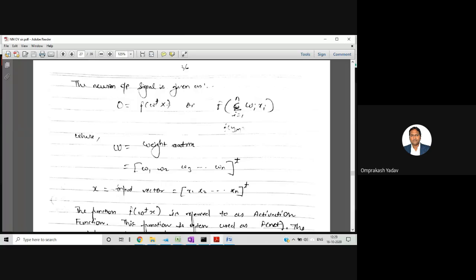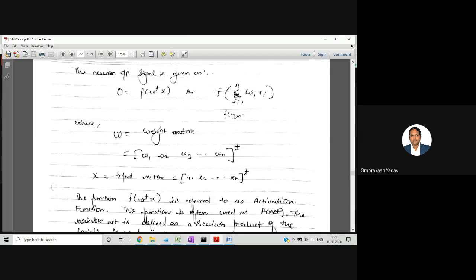The neuron output signal is given as output equals f of W transpose X, or f of the sum over i from 1 to n of the multiplication of the weights and inputs, so W1 X1 plus W2 X2 like this. Here W is the weight matrix, given by W1, W2, W3, up to Wn, transposed.